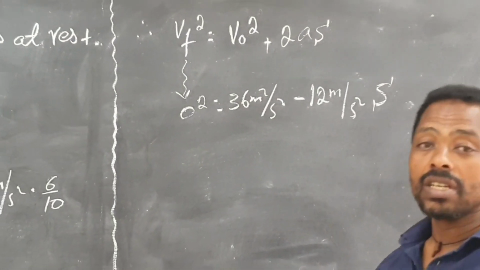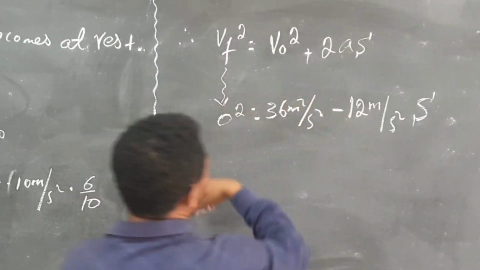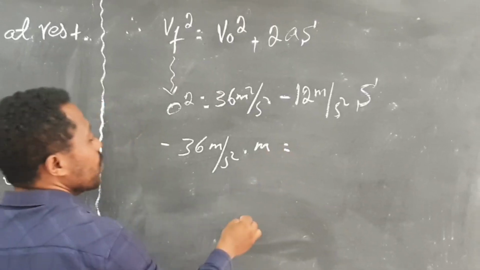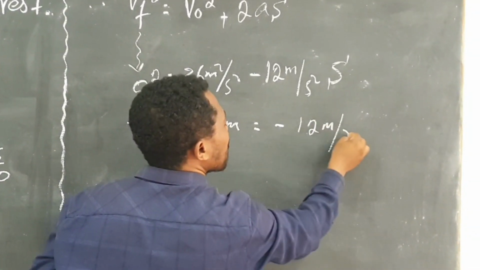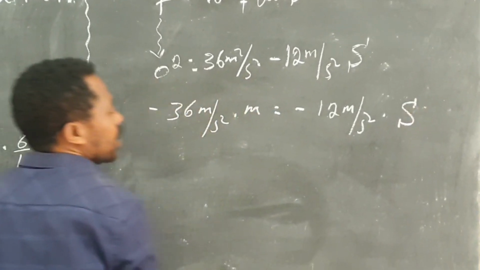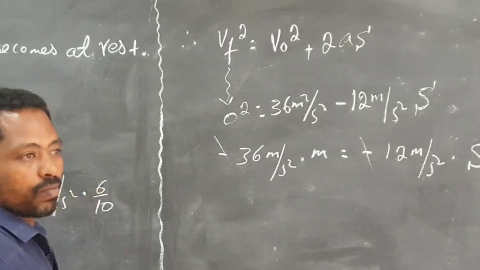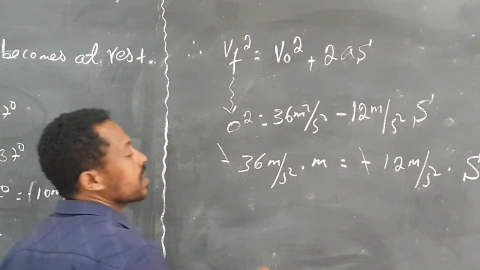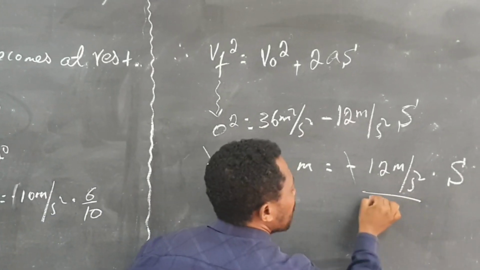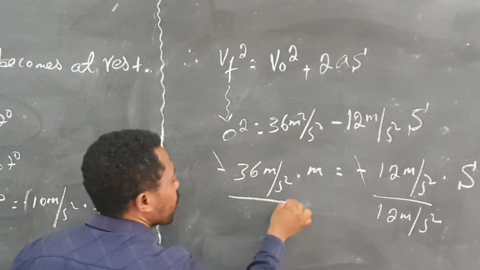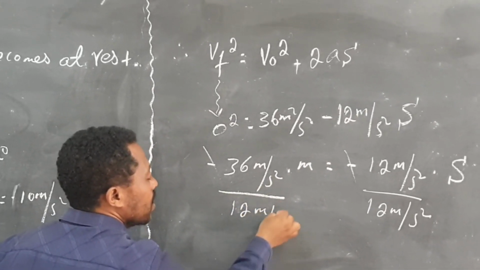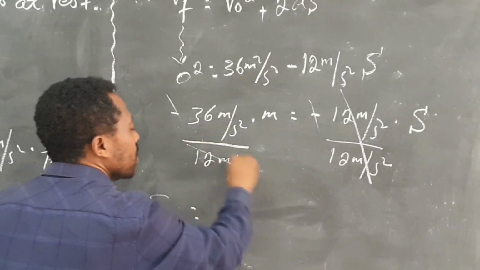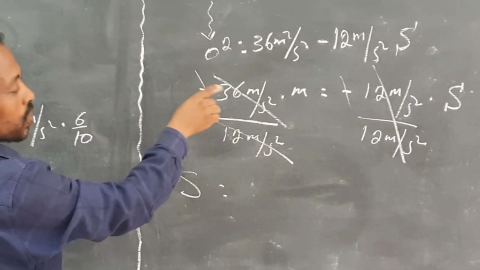Now we have to rearrange the numbers. Taking to the left, it becomes negative 36 square meters per square second, which is equal to negative 12 meters per square second times S. Look, negative 1 cancels from both sides. 12 meters per square second over 12 meters per square second on both sides cancel. Now S becomes 36 meters squared per square second over 12 meters per square second, that is 3.